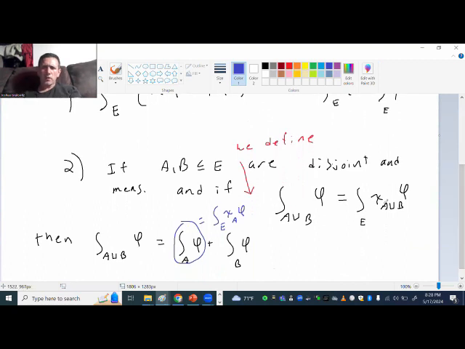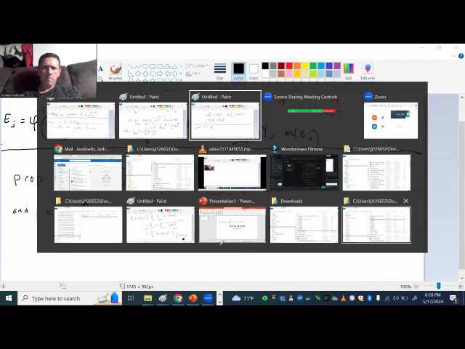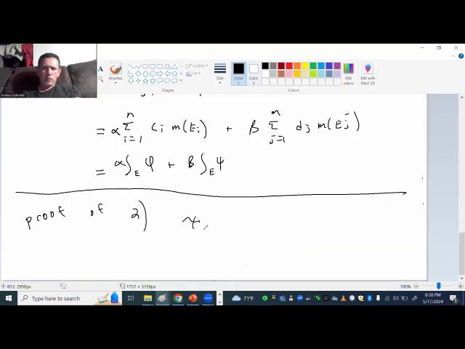Two is this here. Well, this relies on a fact we already used above, so we don't need to say much about it. By definition, remember we're defining this, so we're going to use the definition.